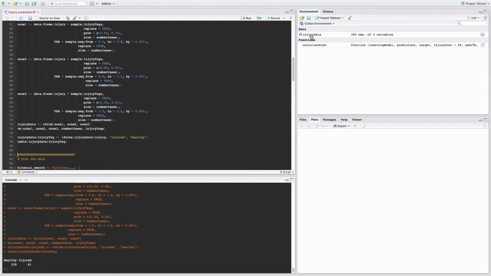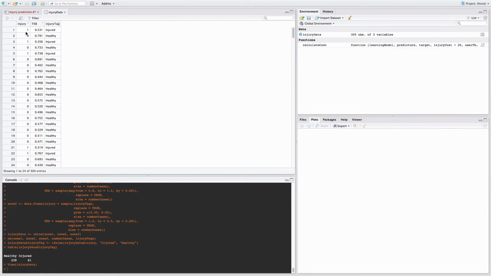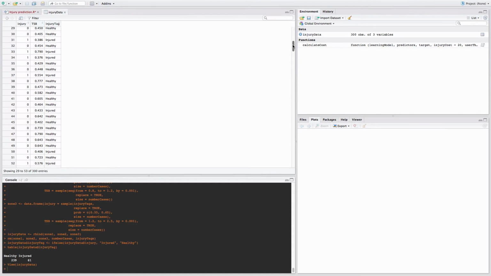So the data frame looks like this. We have injury, 1 for injury, 0 for non-injury, an injury tag, which is injured and healthy, and training stress balance. As you can see, we have 100 athletes in each zone, so the data frame is 300 rows big.